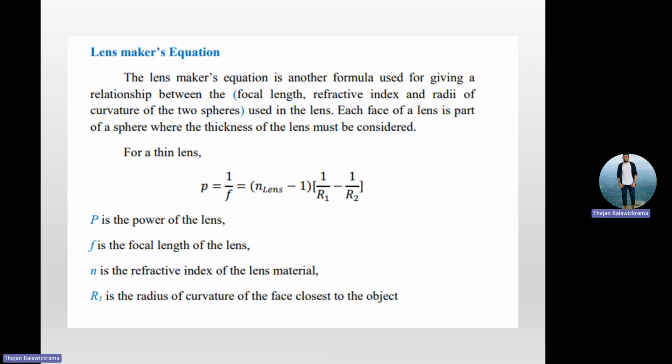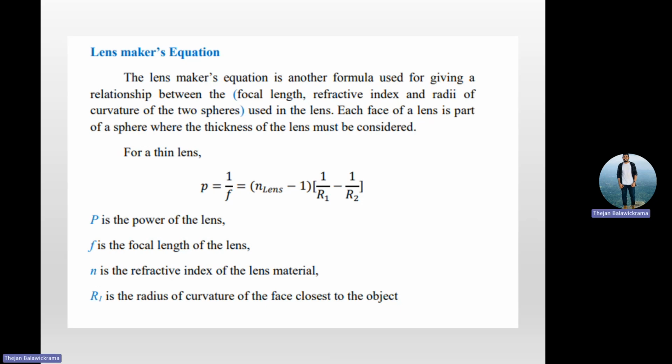So for three situations, three different equations. So what do we have for a thin lens?